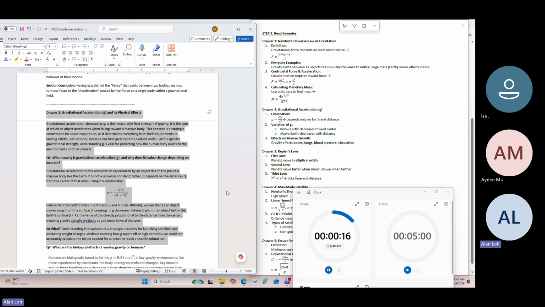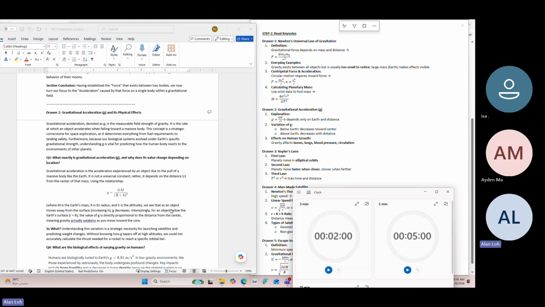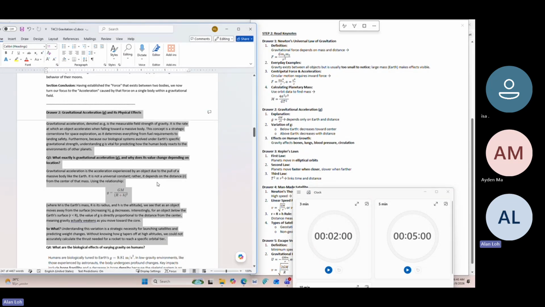Fifteen seconds. All right. So by now, your understanding level for drawer 2 should increase from 3 to 3.5.